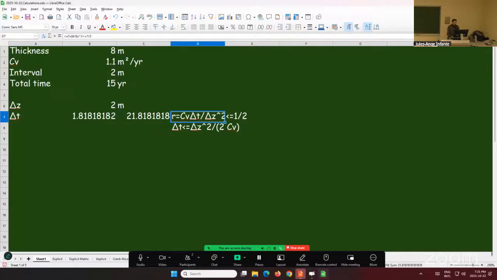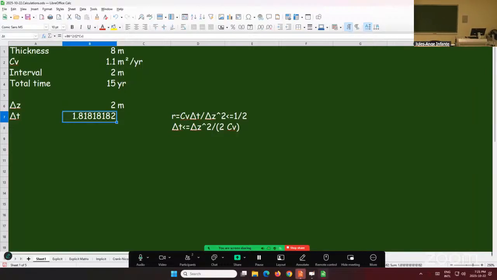Basically 21.8 months. So to make our life easy, we could say that delta T is equal to 1 year, because that's in years. Since we have meters squared per year and meters, that has to be years. And so 1.8 is a little bit awkward.